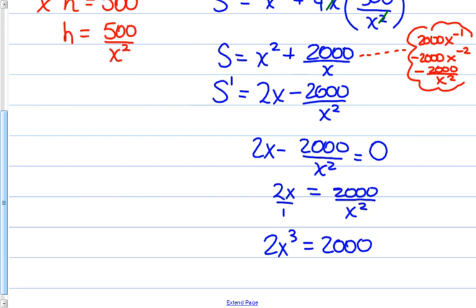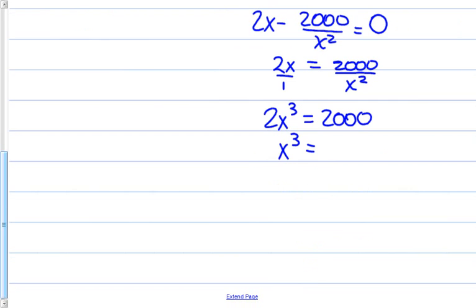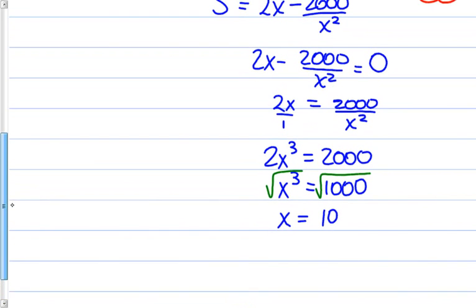Divide by 2 on both sides and I get 1,000. And then I have to cube root. If you think about it, one number times itself again and again gets me 1,000. So the cube root would be 10, because 10 times 10 is 100, 100 times 10 is 1,000. So there is my x.